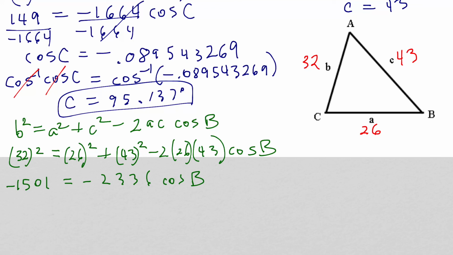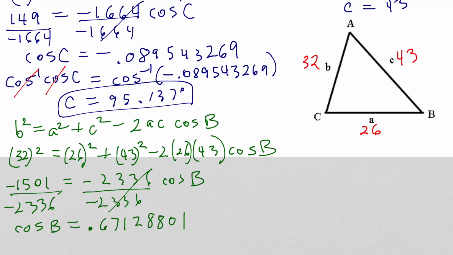Now I'm going to divide both sides by negative 2336, and I get cosine of B equal to 0.671288801.